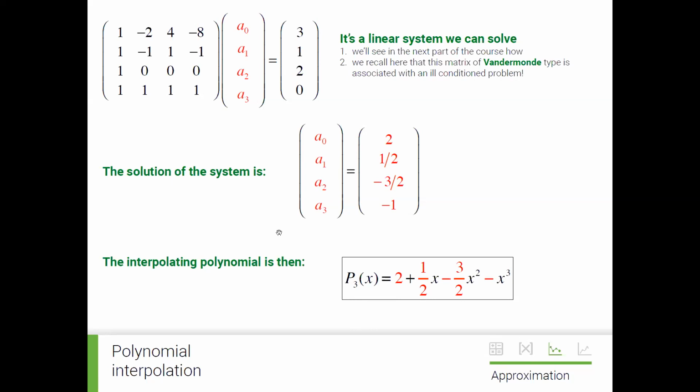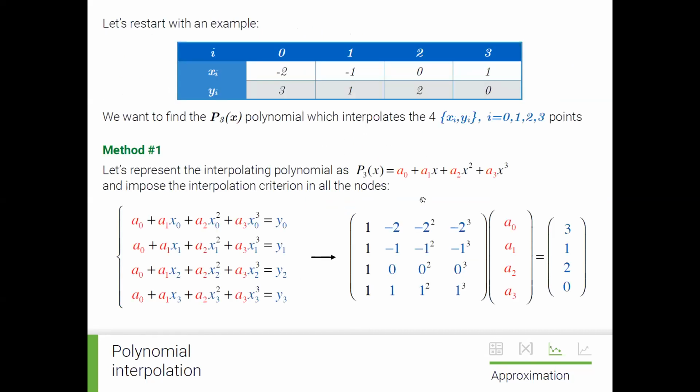We used the Lagrange polynomial here. I think there are no difficulties with this first method. It's very easy to see. So here we build the system and find the unknown coefficients, given the table of nodes.